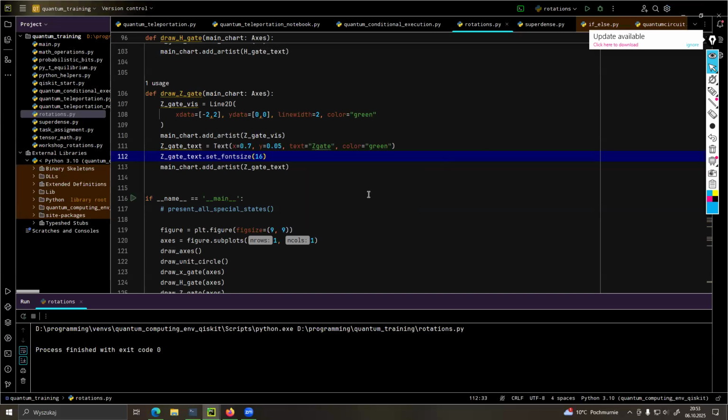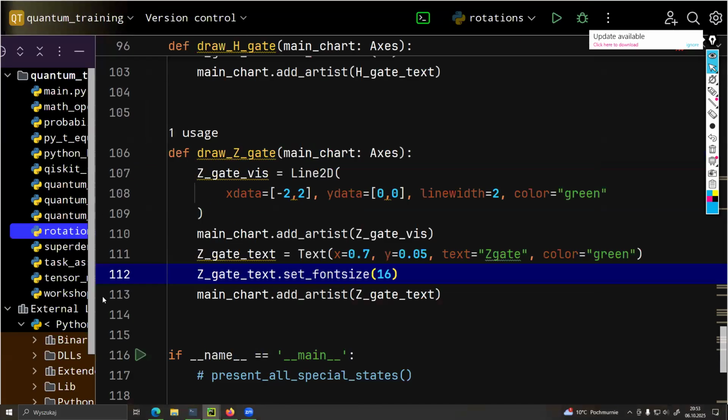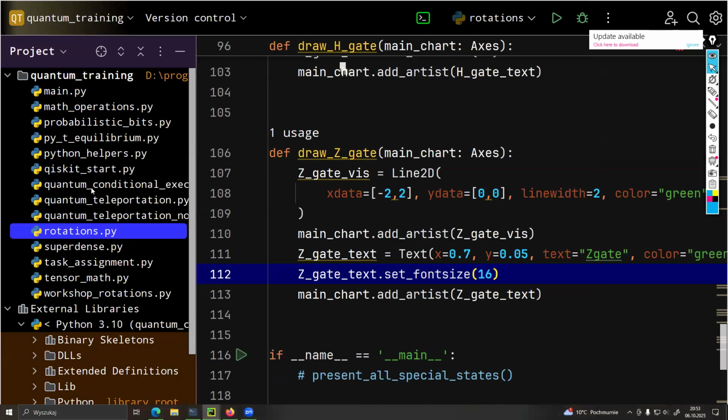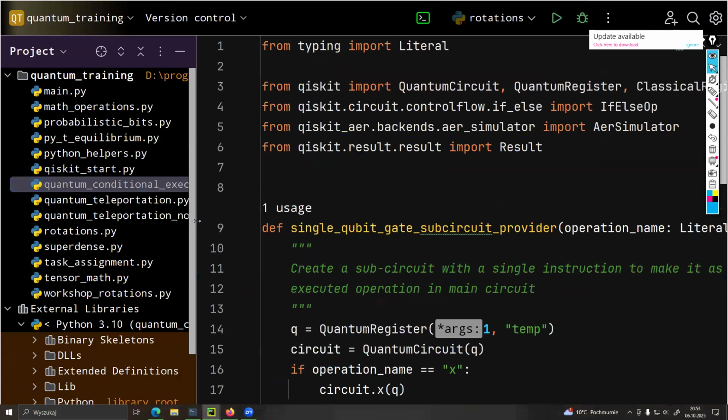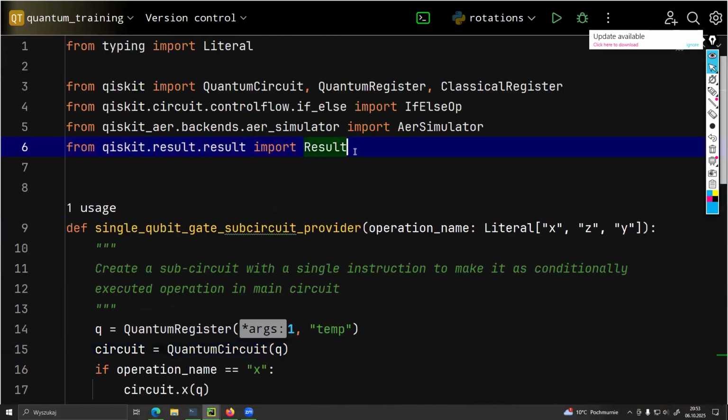So let me enter the presentation mode. Now what I will show you is quantum conditional execution. Recall that we could make a quantum circuit and use it as a part of another circuit, right? I showed you this today. But what you could also do is use this circuit and append it conditionally.